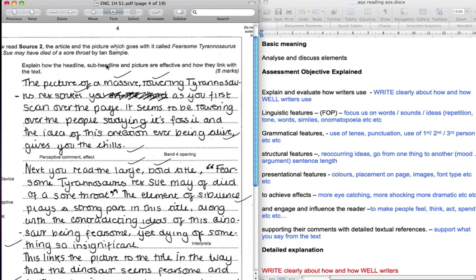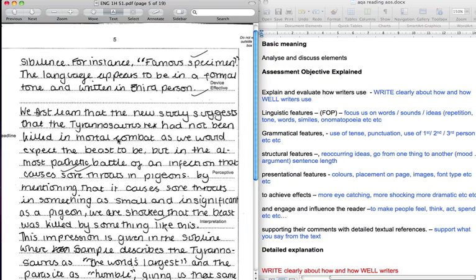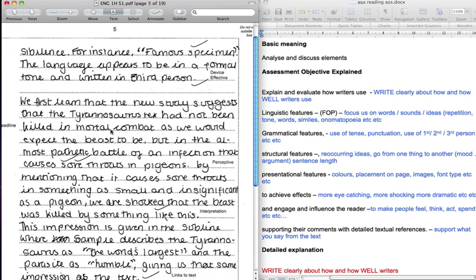And if we look down, they explain how the headline, sub-headline, and picture link. Remember, it's not analysing the text in huge detail, it's really focusing on how those things link to the text.